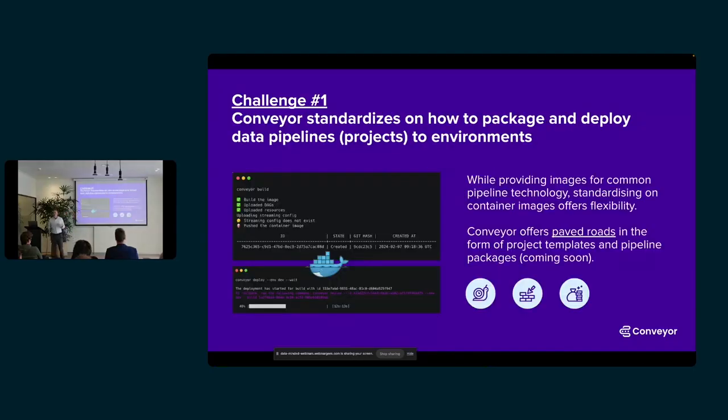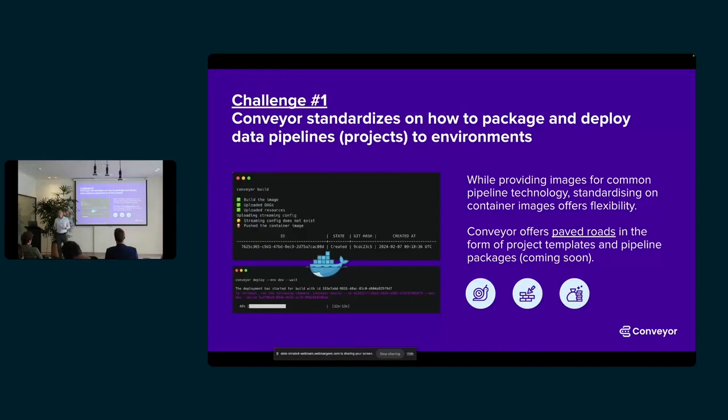So how did we try to solve that? We didn't standardize on one particular technology, but we tried to standardize how you package and deploy data pipelines. And we did that using an already existing standard, which is Docker, or container images. Next to that, we provide an easy way for users to build, deploy and bring things into multiple environments.